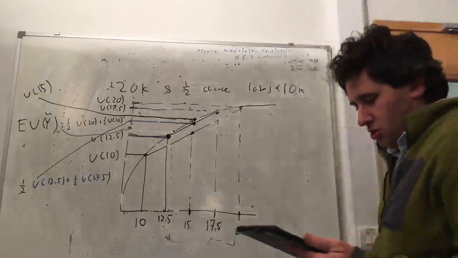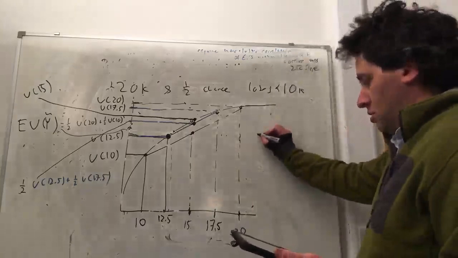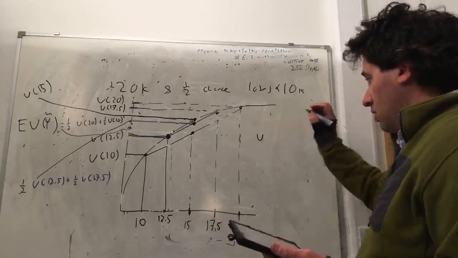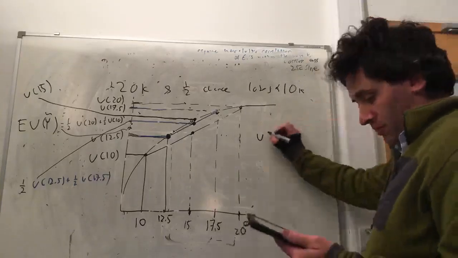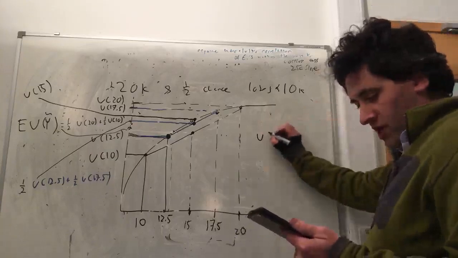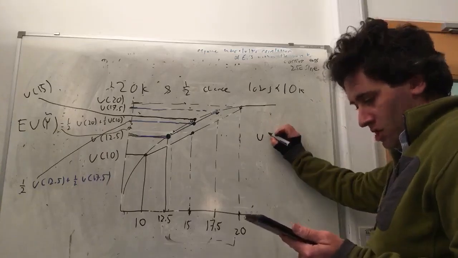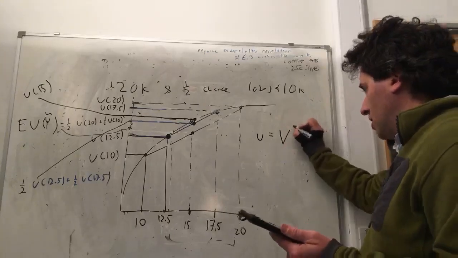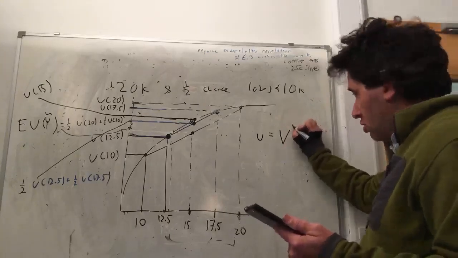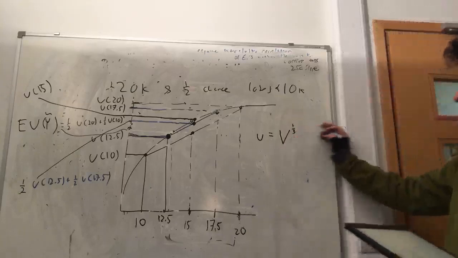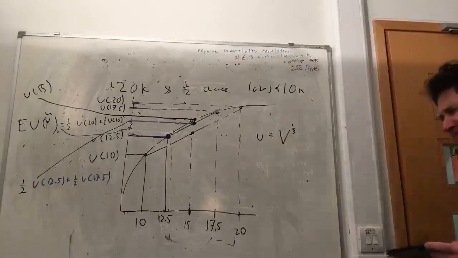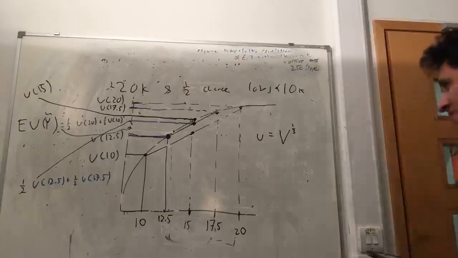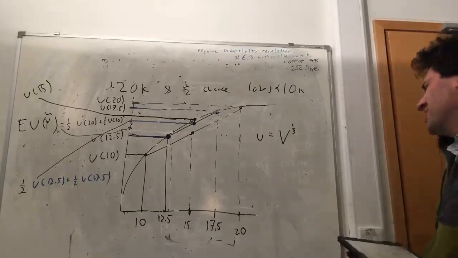Suppose we have the utility of a particular level of income, let's call it V, is equal to that level of income to the power 1/3. That's the cube root, I believe, the square root of this, the cube root, whatever.